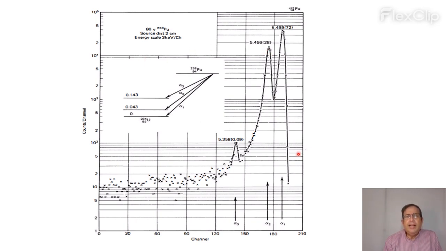And similarly another channel, alpha 1 particle rather, has an energy of 5.499 mega electron volt, and it is having a higher number of counts. So higher number of alpha 1 particles are produced compared to alpha 2 and alpha 3. The half-life of this source is 86 years.